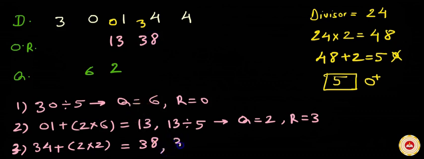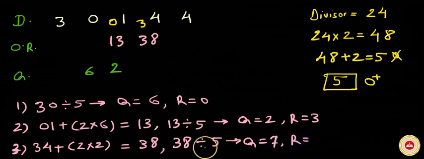Now divide this 38, second osculation number, by osculator 5, which gives us quotient 7, since 5 7s are 35, and remainder is 38 minus 35, remainder is 3. So let us write quotient 7 below 38 and remainder 3 as a prefix to next digit, which is 4.